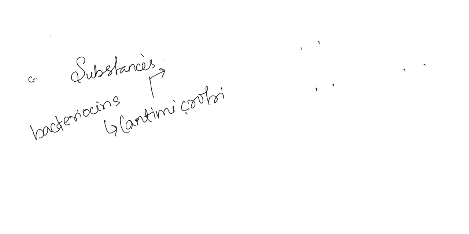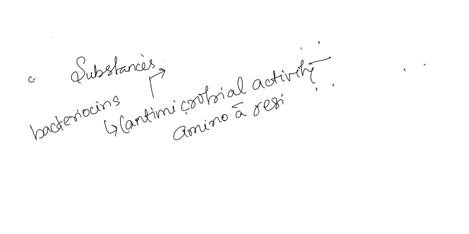So my first point is, what is bacteriocin? First, they possess antimicrobial activity. They have amino acid residues, and they are obviously different from antibiotics. How they are different, we will be discussing in our second subtopic of this lecture.